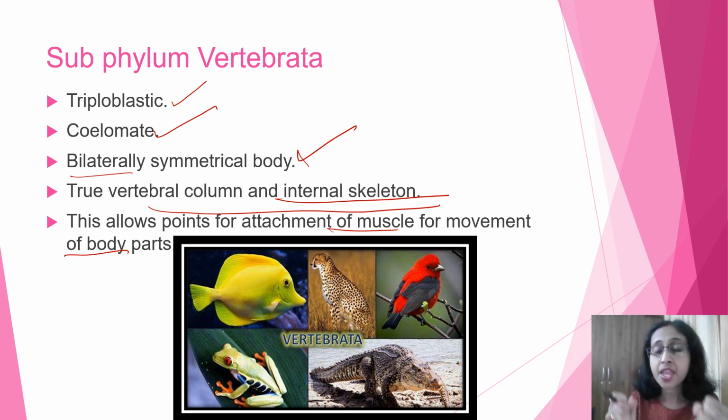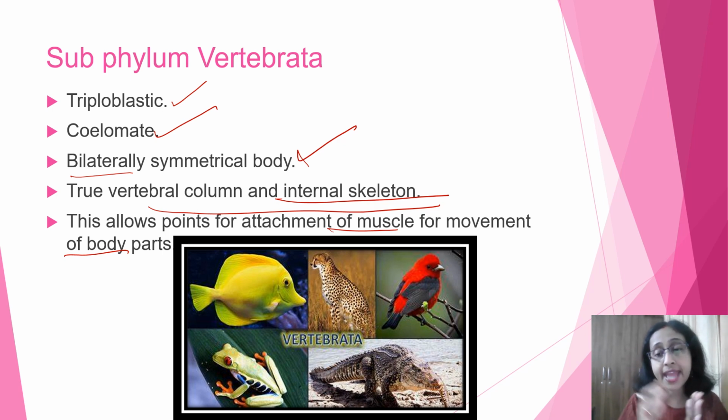Is it clear? There is an internal skeleton present in all the vertebrates because the notochord has been modified into the vertebral column or spinal cord. With that, muscles are joined, which helps in the movement and locomotion of the body. So this is the clear concept of the subphylum Vertebrata.